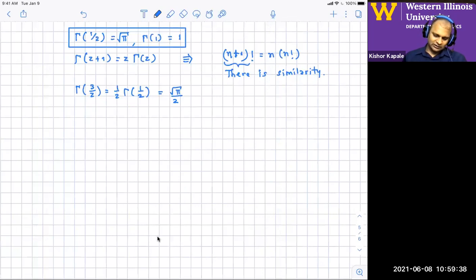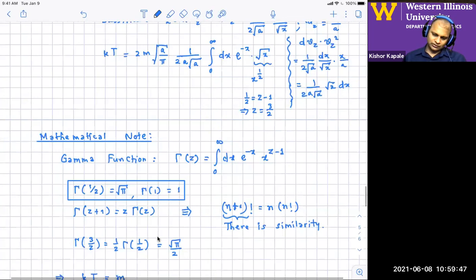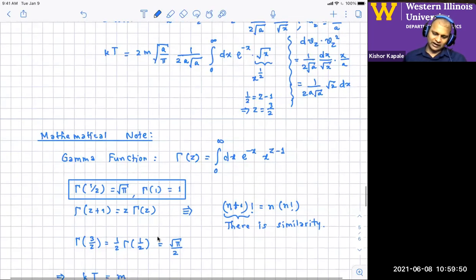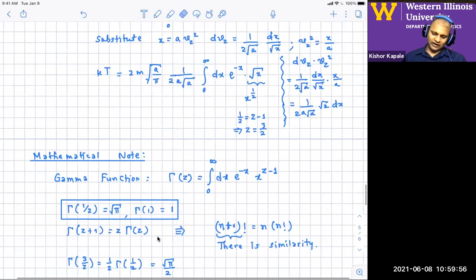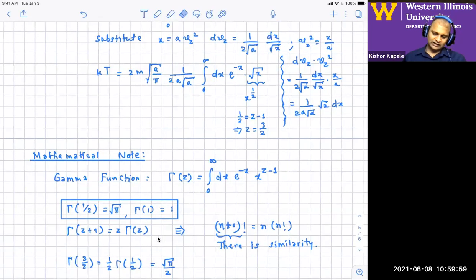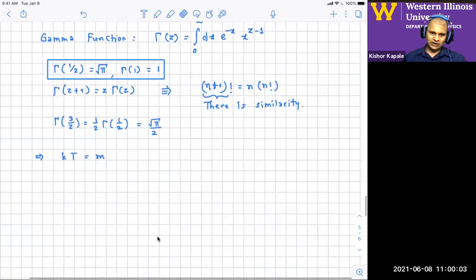That means the integral that we were dealing with was kT is going to be m. And then we had 2 that would be canceled, right? These 2 I haven't canceled, but they can get canceled. So m times square root of a over pi, and square root of a would cancel. We did not do that cancellation. So we are essentially left with m times 1 over a times root of pi.